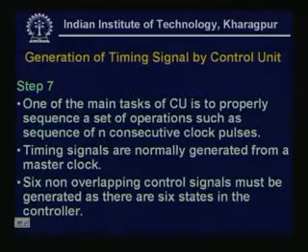Now, step 7, the generation of time signal by control unit. One of the main tasks of the CU is to properly sequence a set of operations, such as sequences of n consecutive clock pulses, and timing signals are normally generated from a master clock.